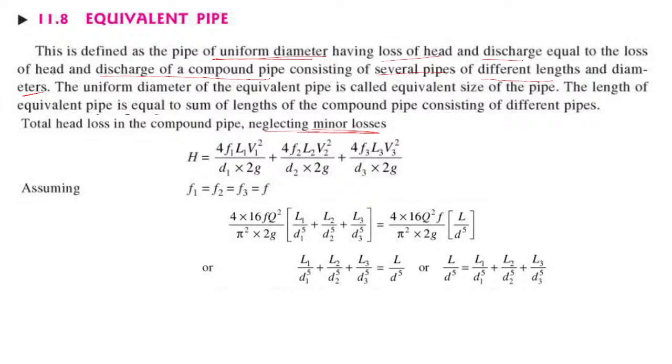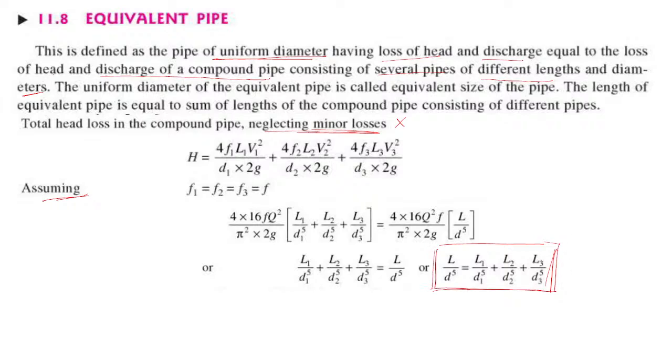Another assumption taken here is that the minor loss is neglected and only the major loss is taken into consideration. Whether you have 4 pipes or 5 pipes, irrespective of the diameter, the friction losses are assumed to be the same. So this is the understanding of the equivalent pipe concept.